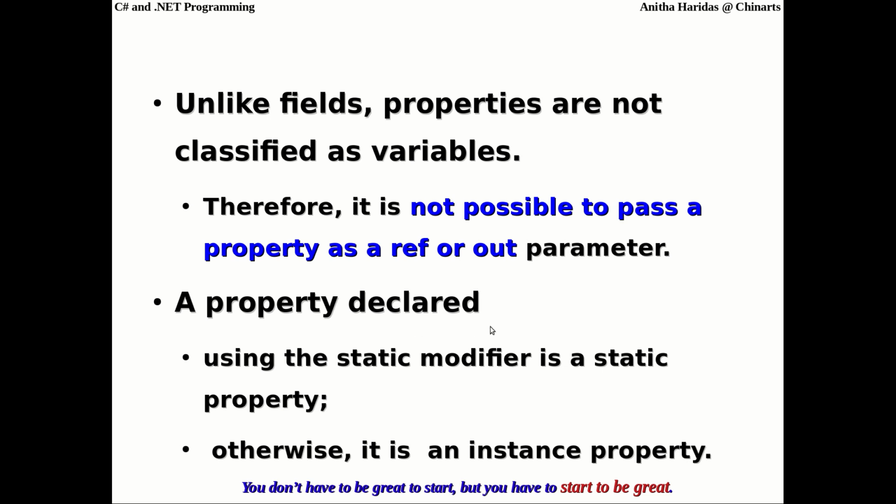A property declared using a static modifier is a static property, otherwise it is an instance property. If you have the static modifier, then the property becomes a static property and it is common to all the objects created for that particular class. Whereas if it is an instance property, it is separate for each object.